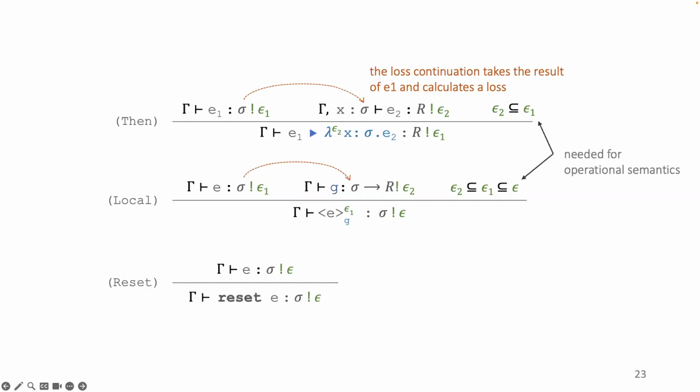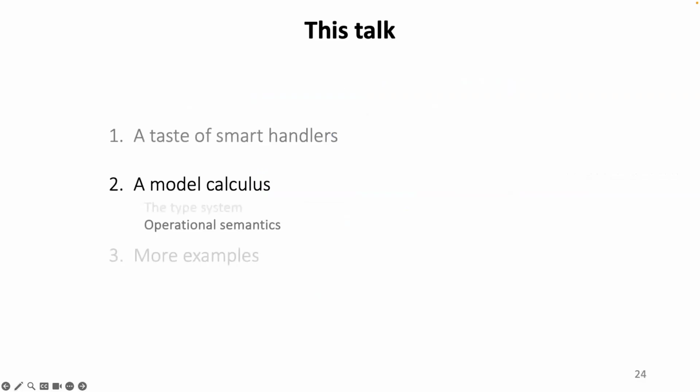It just has the same effect and type as E. So like I said, this type system is mostly trivial. We just need those typing rules so that we can prove type safety of our calculus. And it's a very standard type system, as in most effect handler systems. The more interesting bit is actually in the operational semantics of these effects.